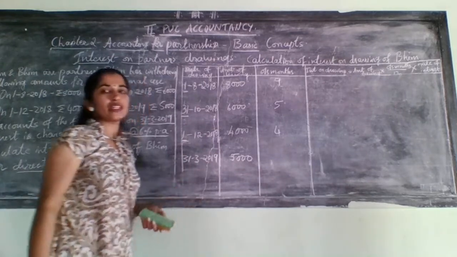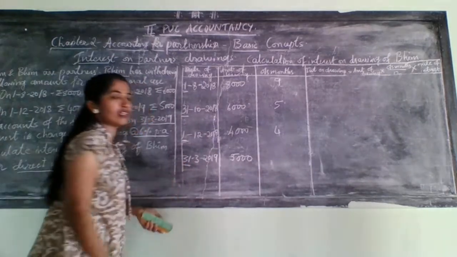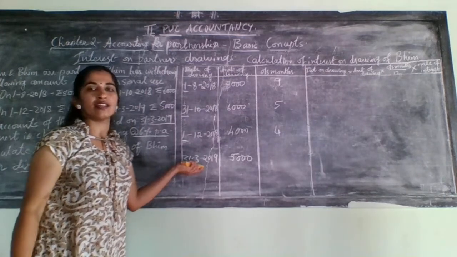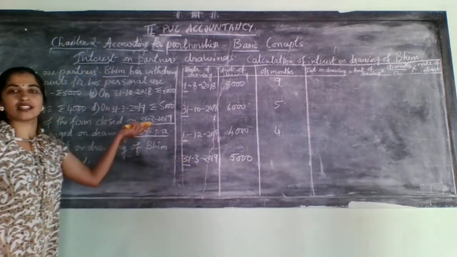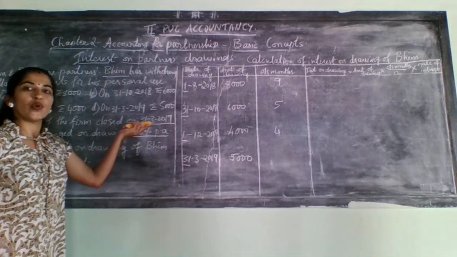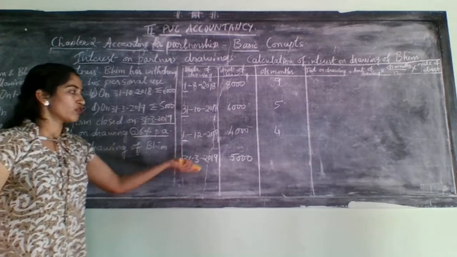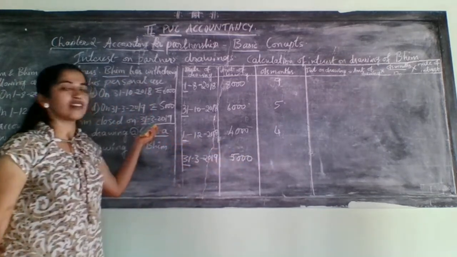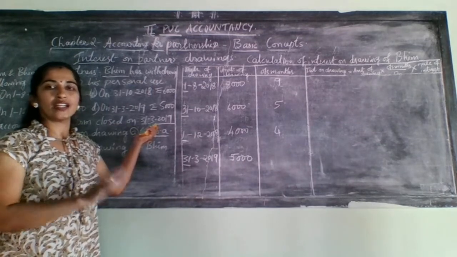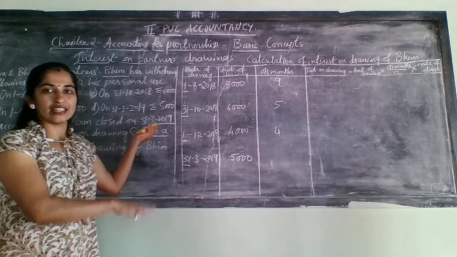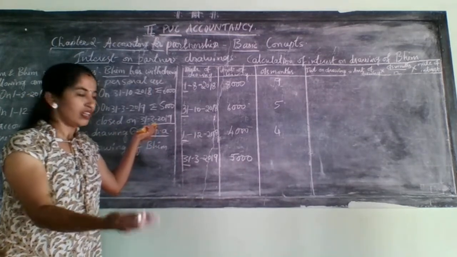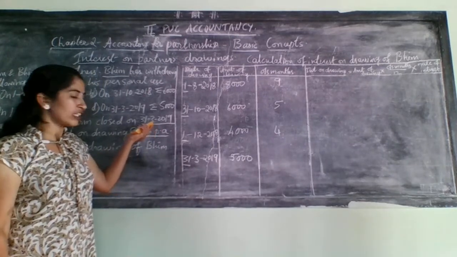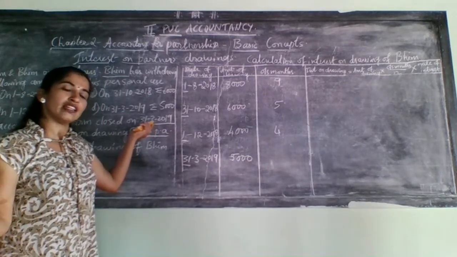Okay. Now the last date is on 31st 3. 31st 3 means which date it is? Year ending date. When it is a year ending date, usually this is the last day of the year. So you can't calculate interest on drawing in this period because it is the very last day. For this you will charge interest on drawing in the next year.